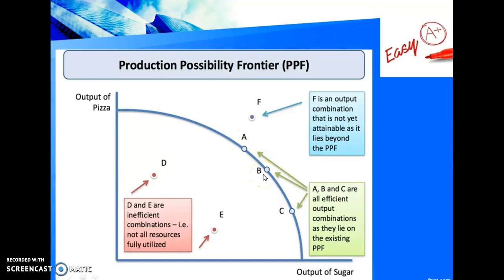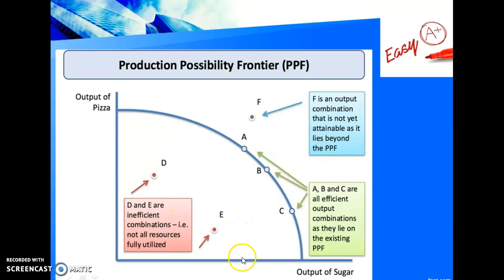And now we will see opportunity cost, where the country would have to give up something. In order to produce at point B, the country would have to give up some amount of pizza, because as you notice it's going towards sugar, right? If the country was producing at point A originally, it would be producing more pizza and less sugar.